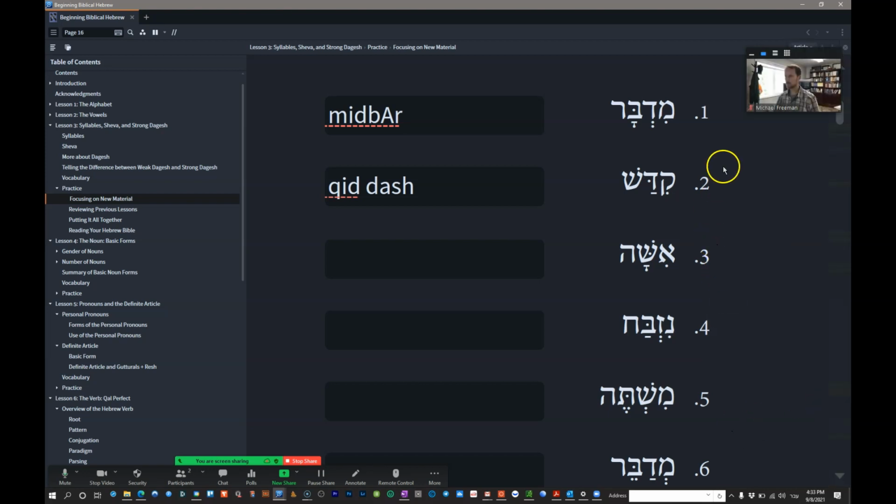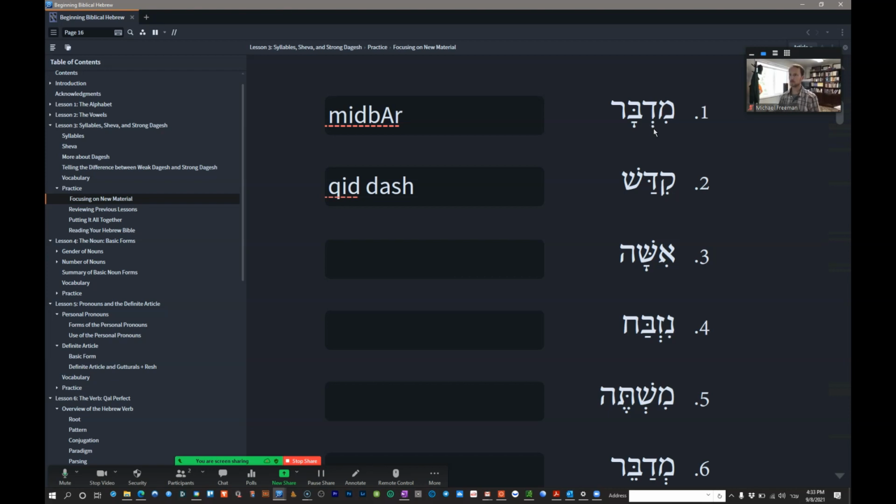Now, you're never going to have a consonant in front of the dagesh letter within a word where there's absolutely no vowel mark at all. If there is no vowel, you're always going to have a silent shavah there. I mean, they're going to put something there. And so if the dalet here in number 1 doesn't have its own vowel, that's why we've put the silent shavah in there.